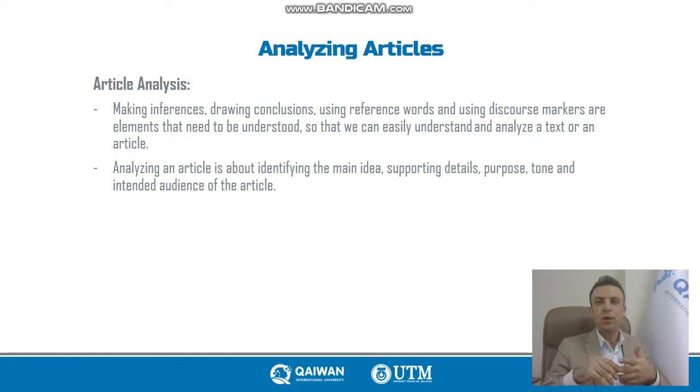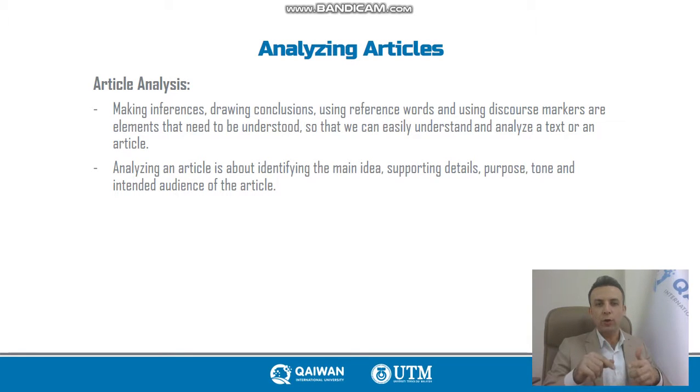You need to know about the supporting details, because you know that we must have supporting details to support the main ideas in each body paragraph. We must know what the purpose of the article is. This is something we have previously discussed. And also, based on the content and the purpose, we need to know who the audience of the article is. Then we also need to know about making inferences.